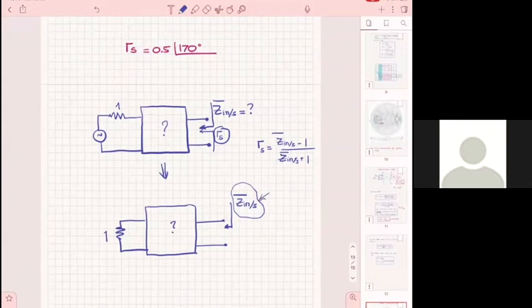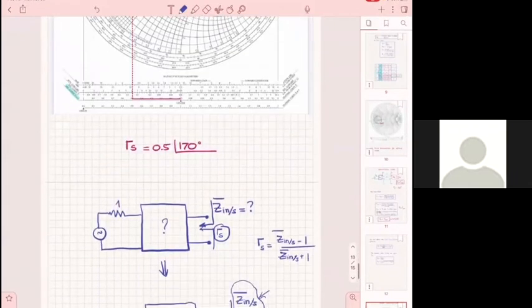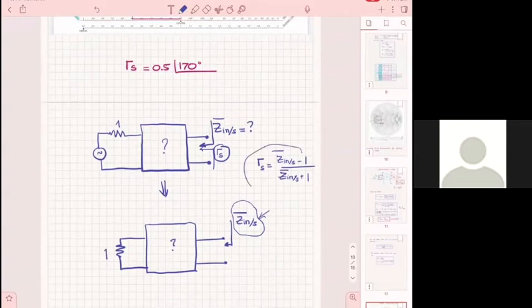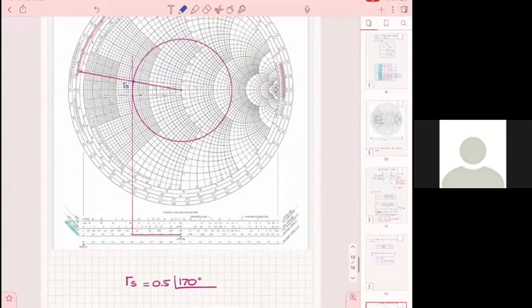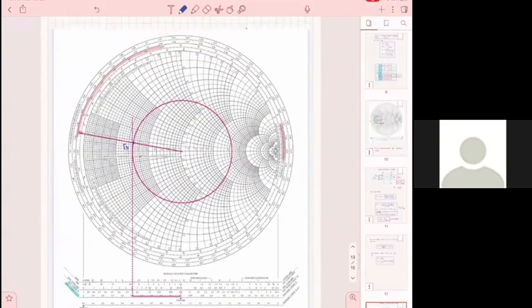It would just be gamma S. Yes, yes. Yes, this impedance, because gamma S is the reflection coefficient that this impedance creates. And we know that is here. So on the Smith chart, that point here also represents Z in S, normalized.